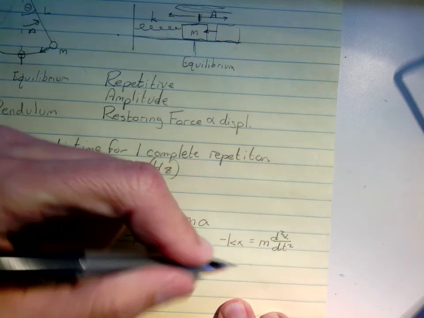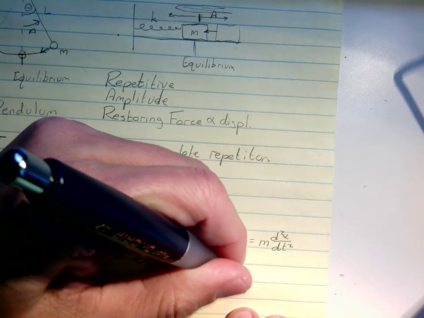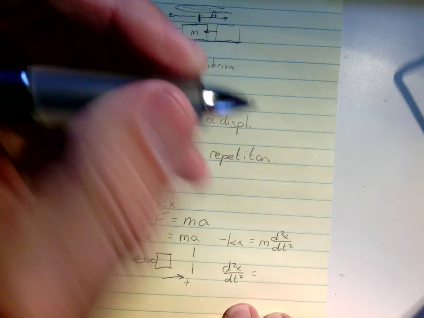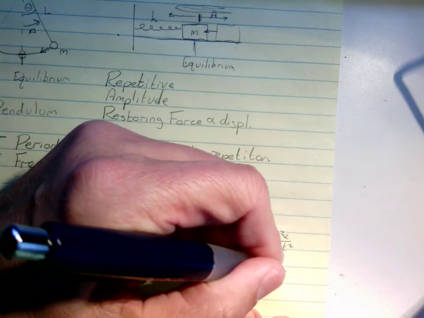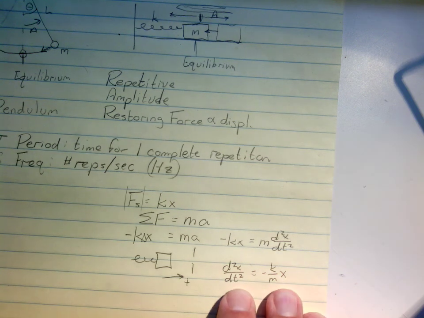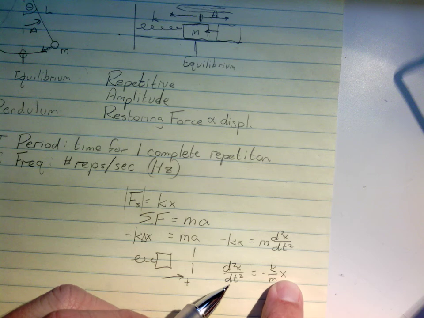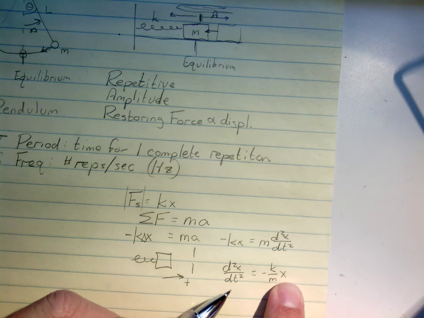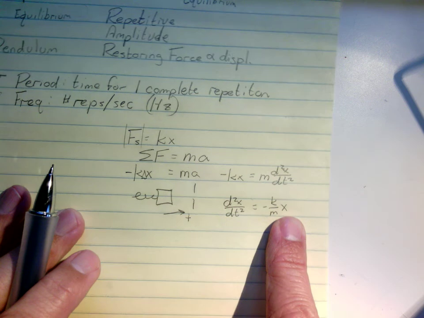I'm going to rearrange that so it looks like this: d squared x dt squared equals negative k over m times x. So the second derivative, the acceleration, is equal to a function of x. And the functions that have that characteristic are sinusoids.